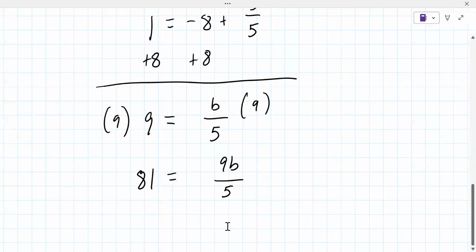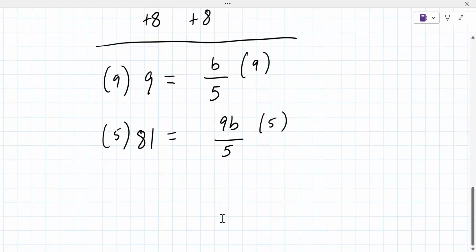By what? By 5. Okay. What is 81 times 5? 405. Okay. Equals 9b. What is keeping the variable from being by itself?